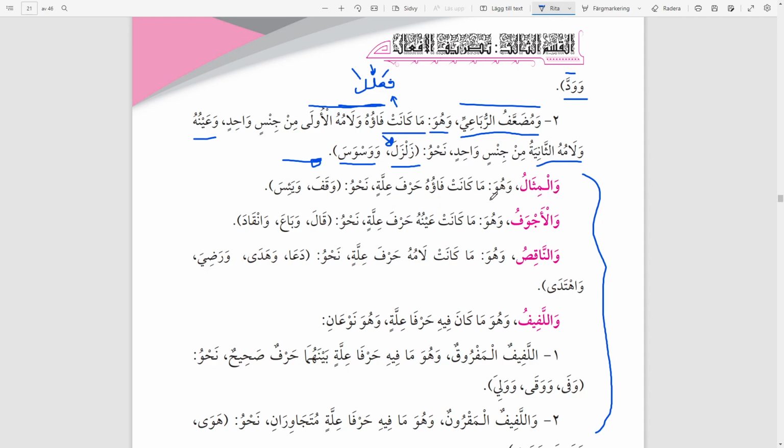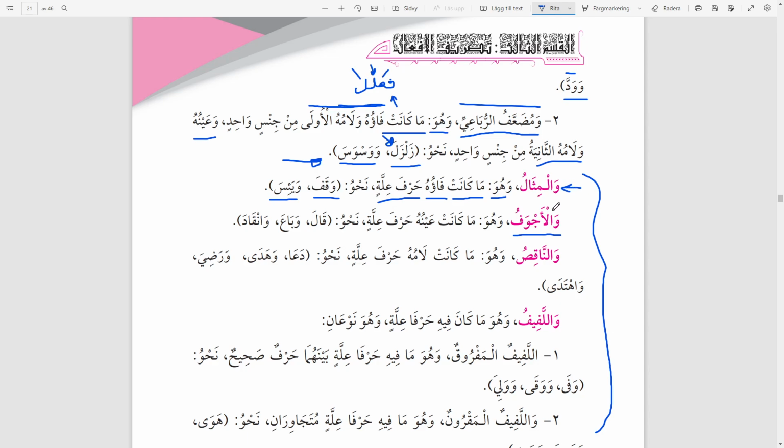So المثال is where the fa is a harf illa. So the first one, waqafa, he stood up. Ya'isa, he lost hope.